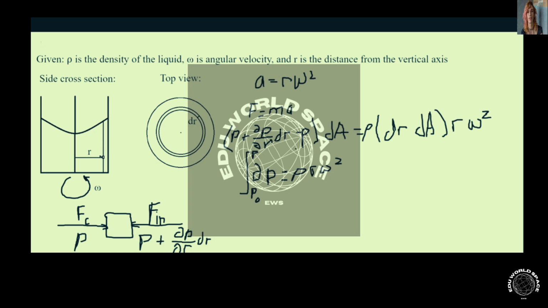Now we look at the right side. Let's draw in the integration, and we're going to be going from some reference point where the radius is 0, which would be at the center, to whatever radius we're looking for, r.